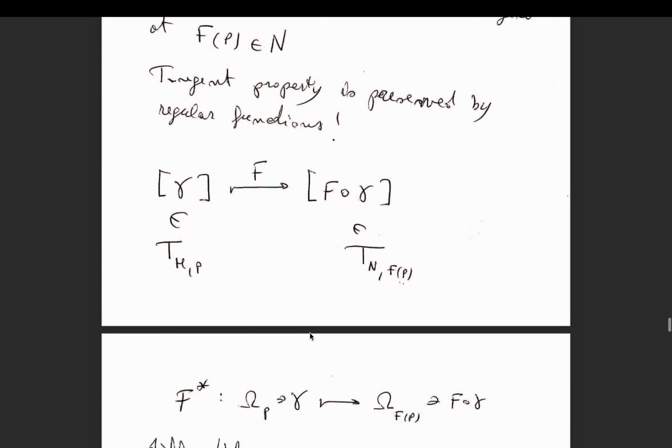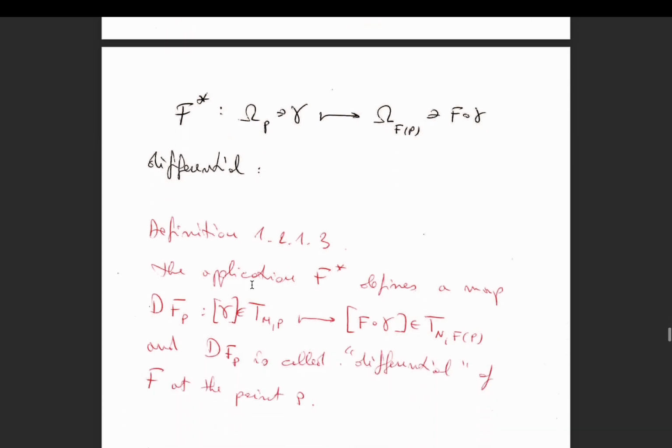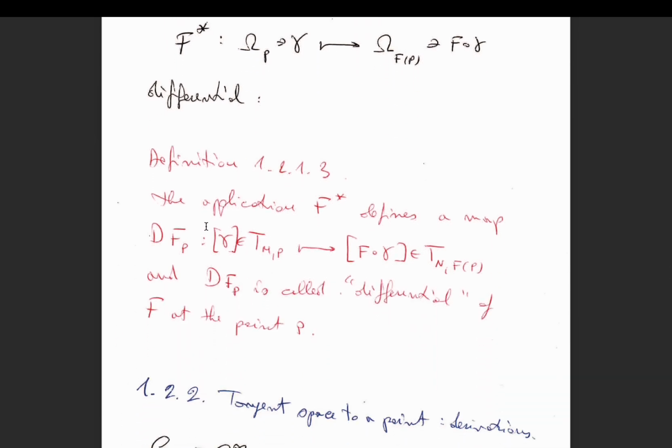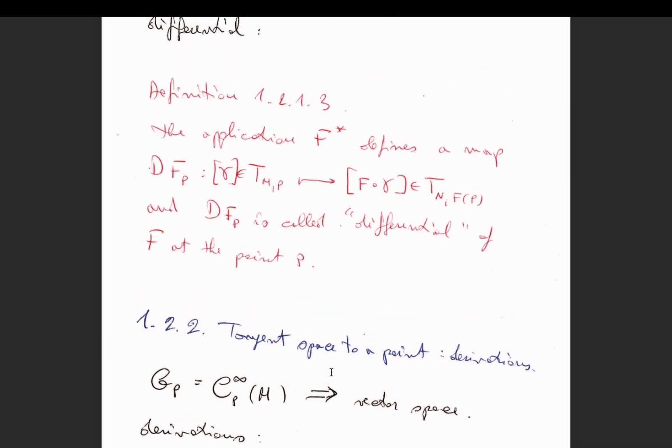So if we define the composition map F star as the map which goes from omega P into omega of F(P), we can define the differential of the map F at the point P as the map defined by this composition, which maps elements of T_P M into elements of T_F(P) N. Okay, so equivalence classes are mapped into other equivalence classes, and a vector is mapped into another vector. This is the differential.